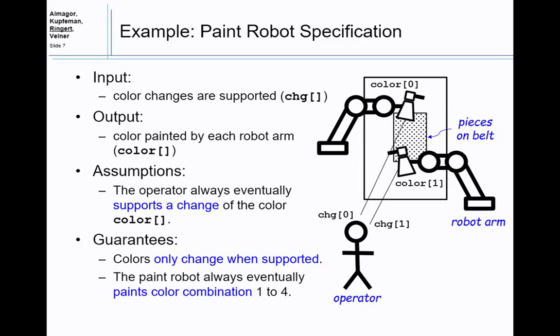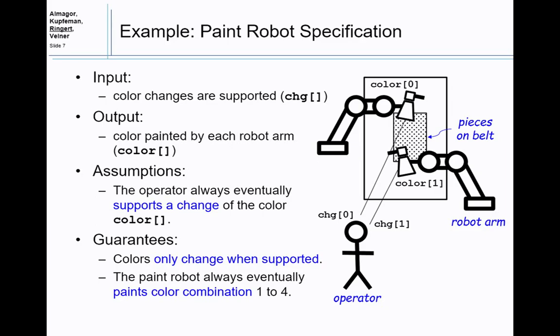They can spray in different colors. They color pieces in these colors, but they can only change the colors if it's supported by a human operator. So the human operator would be our environment. So we model when the human supports changes of the colored arms by the inputs, and the outputs would be the colors that the system produces.